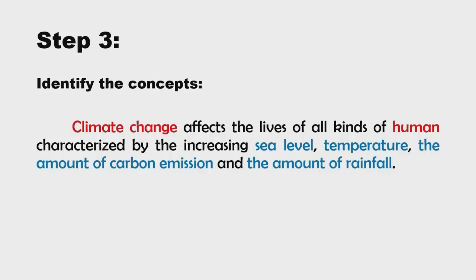Because let's just say they are close to the sea, for example. And also, there are also specific concepts that characterize the climate change, which are the sea level, temperature, the amount of carbon emission, and the amount of rainfall. So, the third step now is to identify the concepts. So, successfully, these are the concepts involving the study.